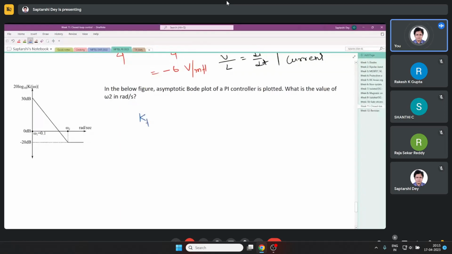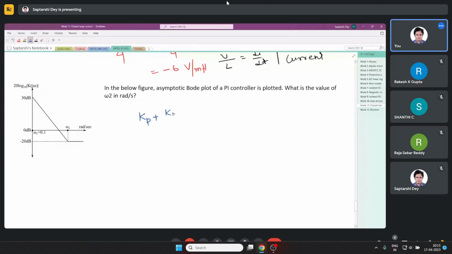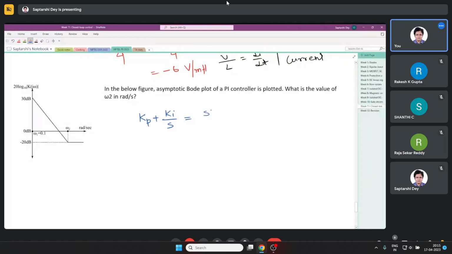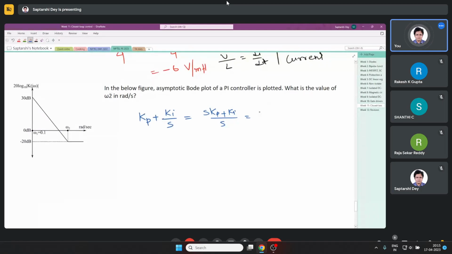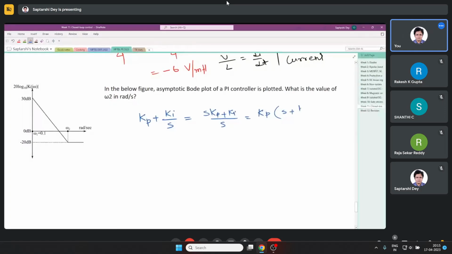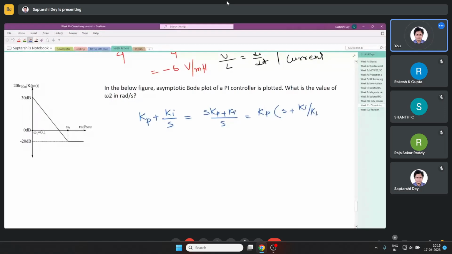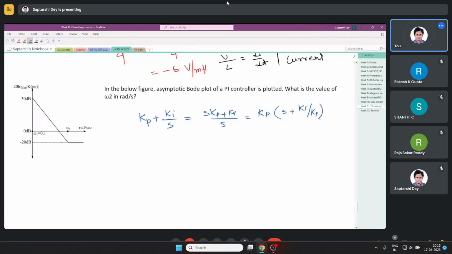PI controller is Kp plus Ki by S. If I take Kp outside, it becomes Kp times (S plus Ki by Kp) by S.